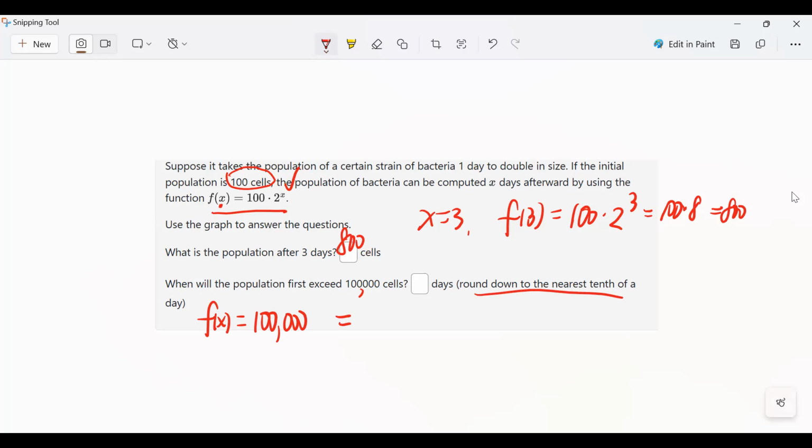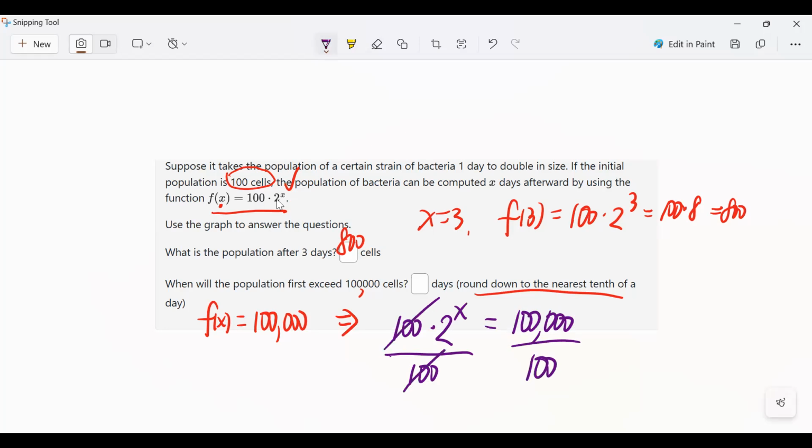That means 100 times 2 to the x power equals 100,000. Now I'm going to solve for x. Divide 100 from both sides of the equation first, and cancel that. 2 to the x equals, dropping 2 zeros, 1,000.